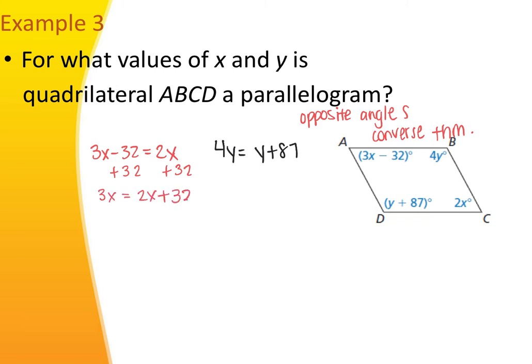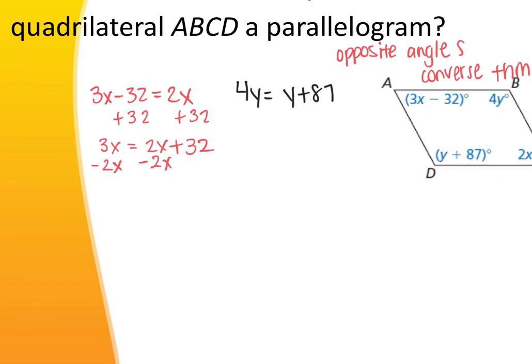Good. And then you have to subtract 2x from 3x. Yep. Or 2 from 3. And then minus 2x, and then you have x equals 37. Perfect.